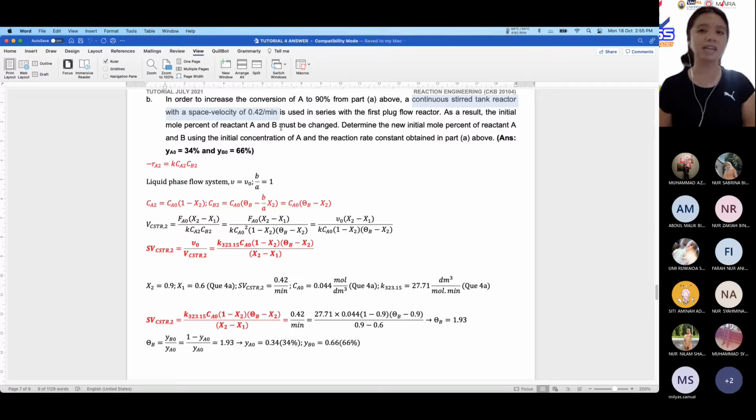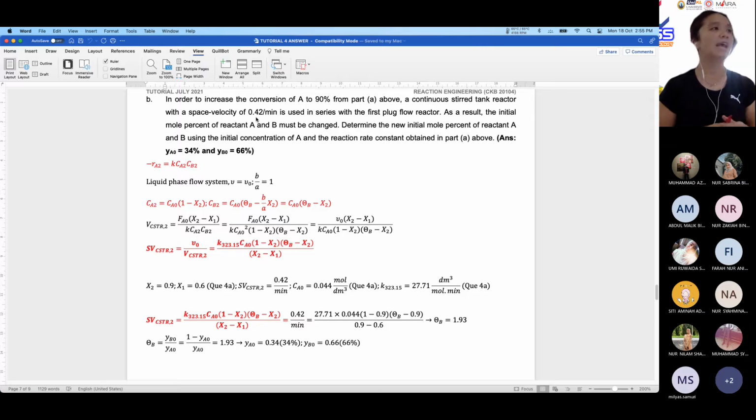Okay, tapi kalau just andaikan sekarang yang CSTR yang kedua ni is connected in series to the first reactor, and the second CSTR ni will convert from X1 0.6 to X2 0.9. Itu yang penting. Yang kita nak tahu penting untuk maklumat dia adalah sebenarnya nak tahu dia adalah CSTR. Second, dia beri kita space time CSTR 2 kita ni. Our second CSTR space velocity 0.42 per minute.